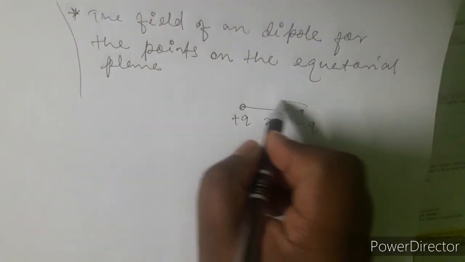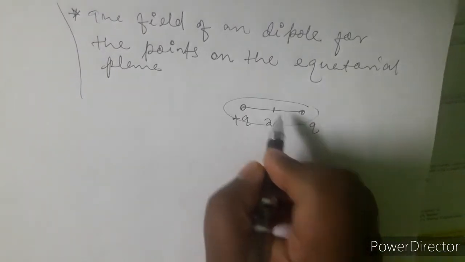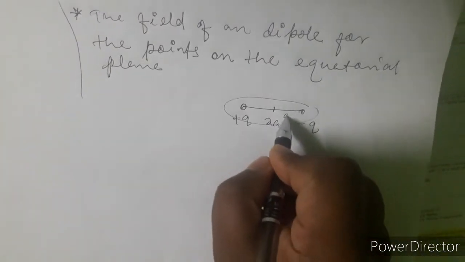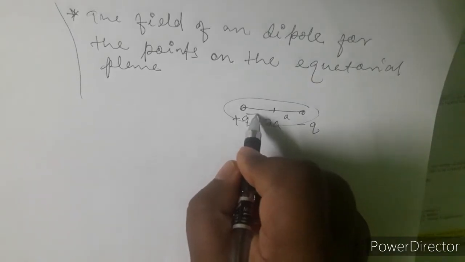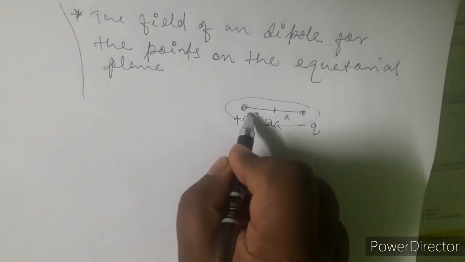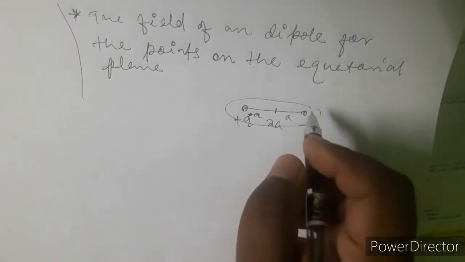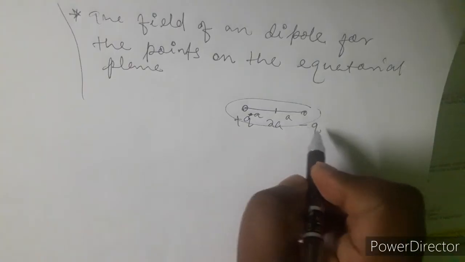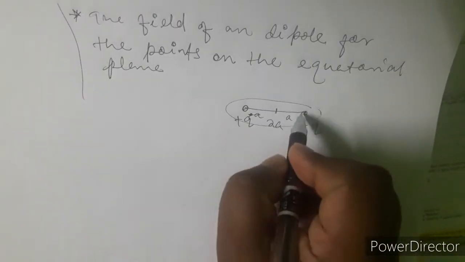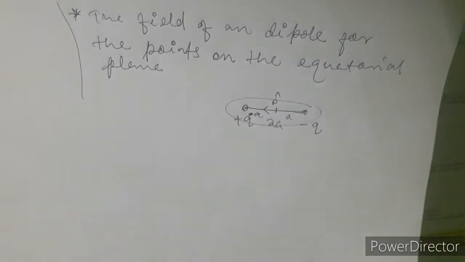Let's say this is the center of the dipole, so the distance from the center to each charge is also a. And the direction of the dipole, by convention, is from negative to positive, so this will be the direction p cap.